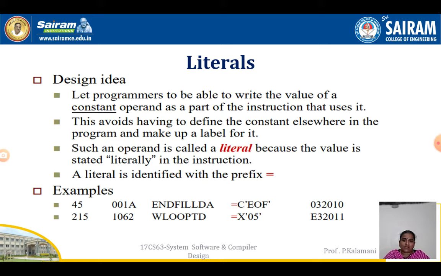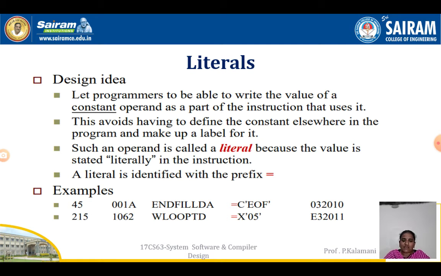Literal. It lets the programmer write the value of a constant operand as part of the instruction that uses it. So the constant value can be specified along with the instruction. It is called a literal because it is defined literally in the instruction, and it is prefixed with an equal sign.